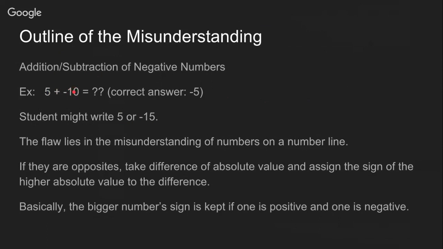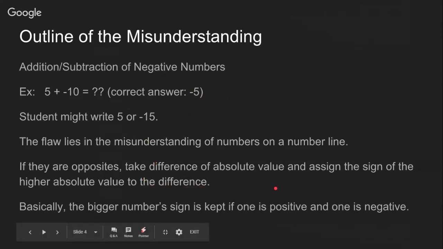One is positive and one is negative. Now, 5 is not the correct answer because the difference of these has the negative number as greater. The negative number 10 is a bigger number than the number 5. So it should be -5, not +5.